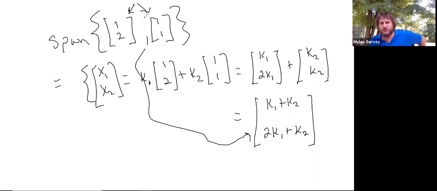We'll get to that in a later video, but hopefully you grasp the concept that if you give me one or more vectors, I can generate new vectors from that.